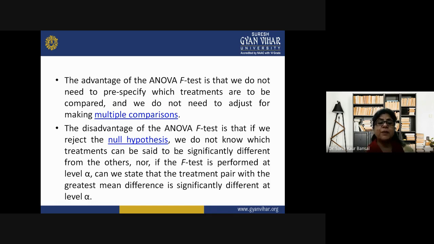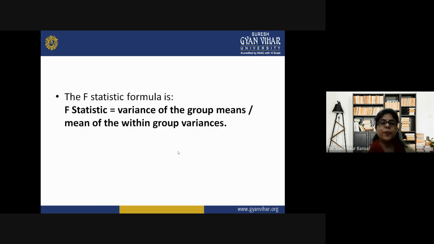Okay, so multiple comparisons are made, but we are clear that we do not need to adjust for making multiple comparisons. Comparisons will be coming out as they are. So we do not need to actually preset them. Don't preset them. The F-test will take them out itself.